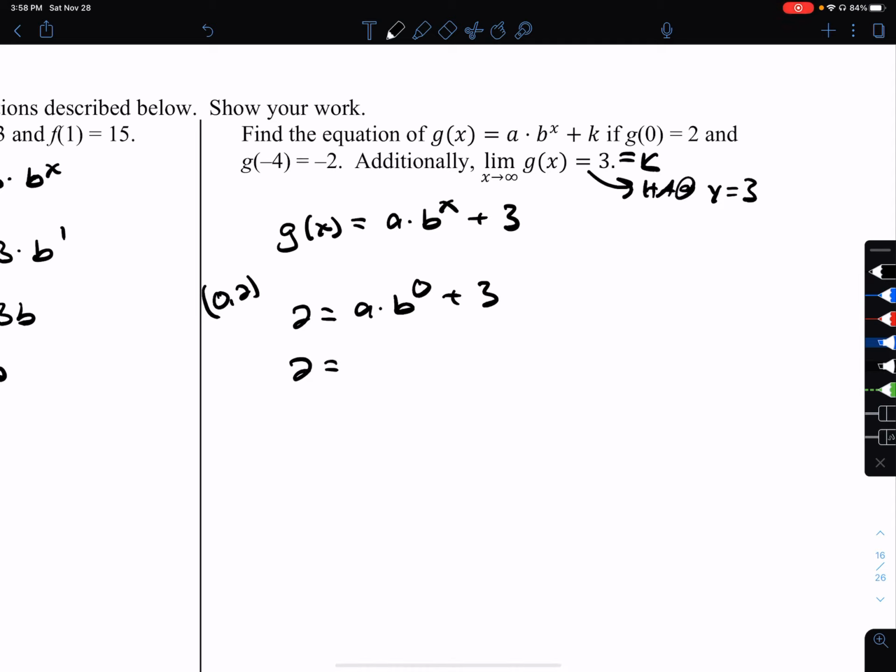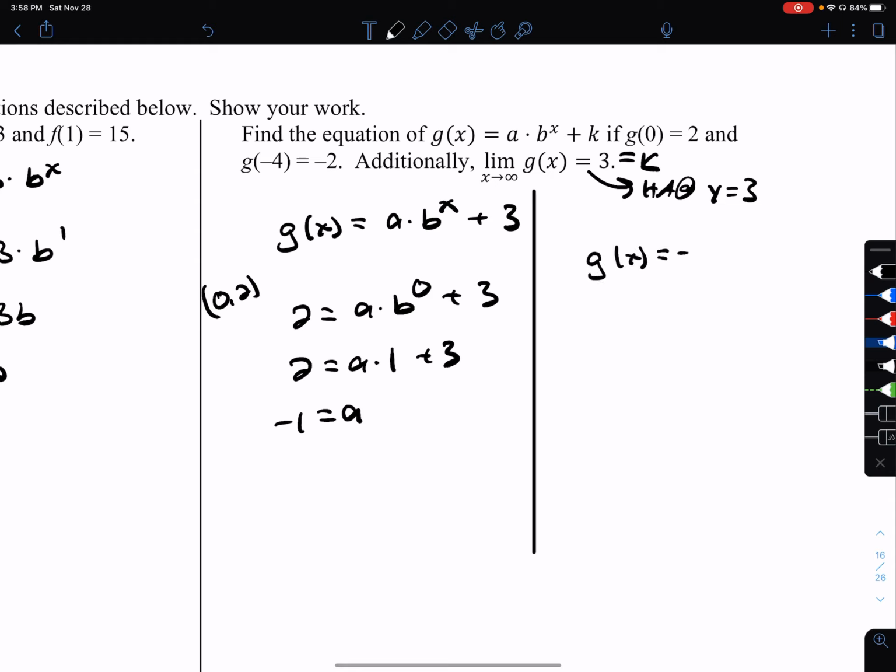So that's going to be 2 equals a times 1 plus 3. Subtract 3 from both sides, we get a is negative 1. So now we can say g of x is negative 1 times b to the x plus 3.